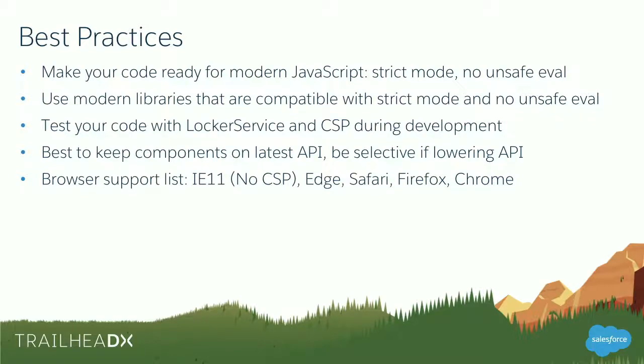Modern libraries, I'll get to on the next slide, in terms of what is supported within Locker Service. And you want to test your code with Locker Service during development, both for straight regression, and I'm also going to get into the tooling that can be used to help scan your code and understand whether it is Locker Service compliant or not.